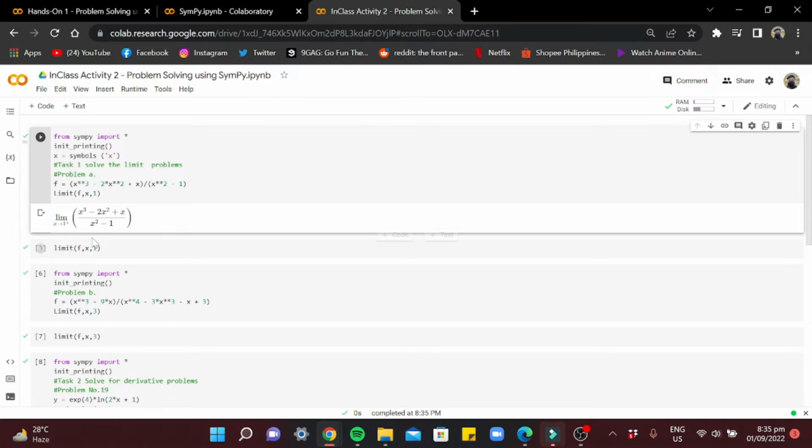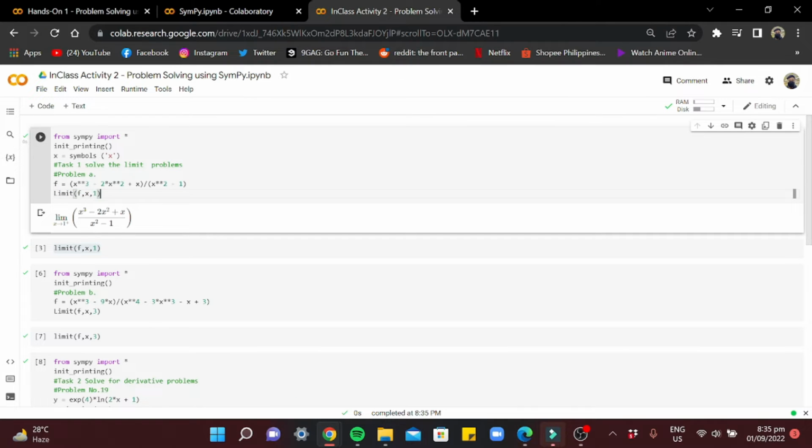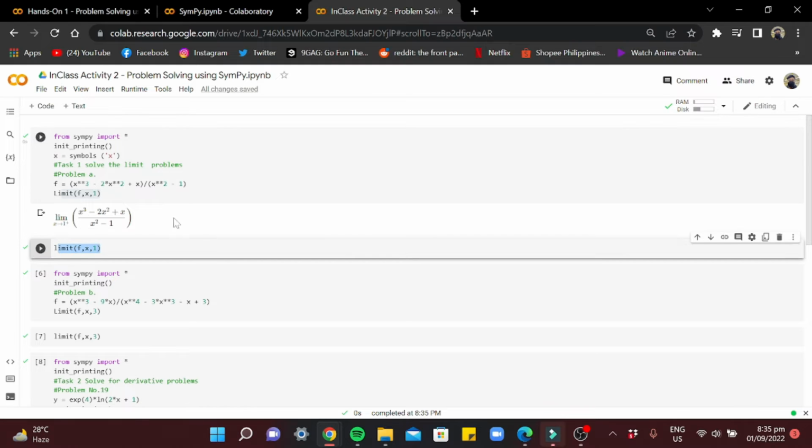So this is the problem. By the way, if the limit is written with a capital L, it will only display the equation. If the limit is lowercase l, it will give the specific answer as x approaches 1.